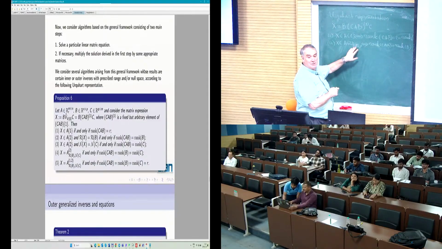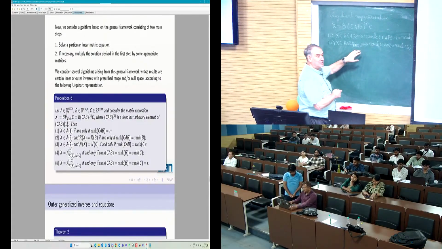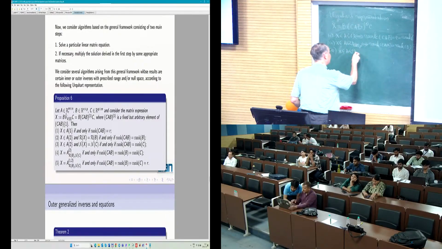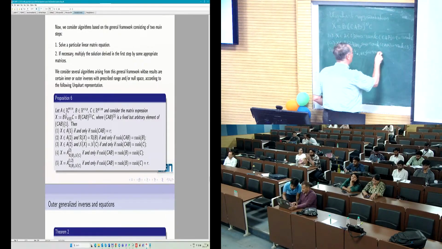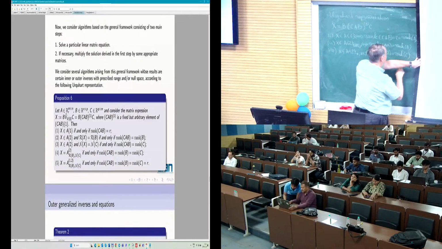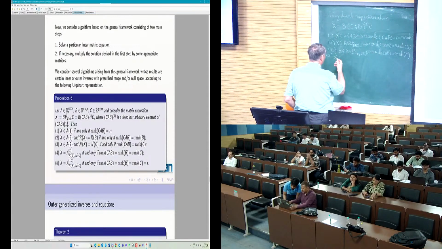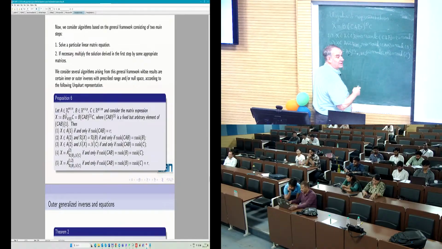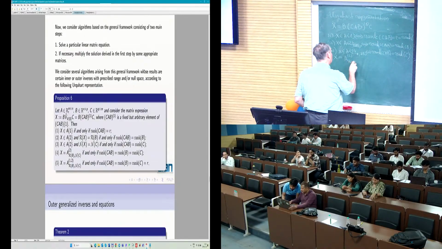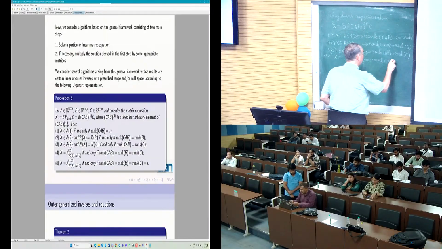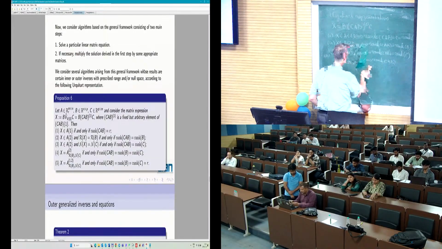this notation from the previous lecture. The set of X such that X belongs to the set of outer inverses with unknown rank. Now outer with range R of B, null space R of CAB is equal to.